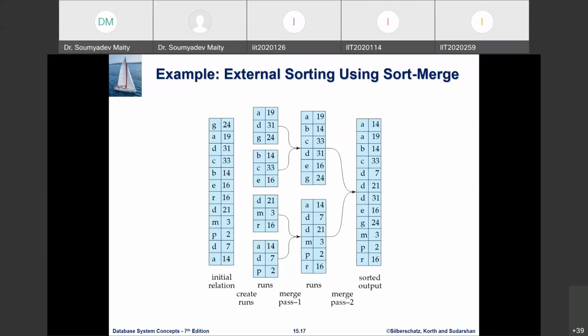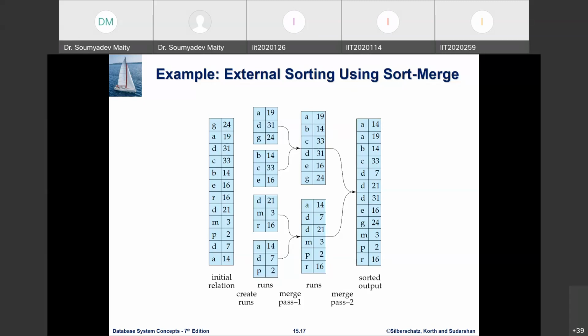For example, as shown here, for simplicity let us assume that one block can contain only one record, and in memory you have only 3 blocks available to do this sorting.